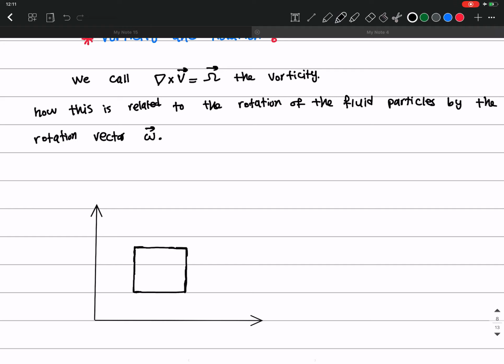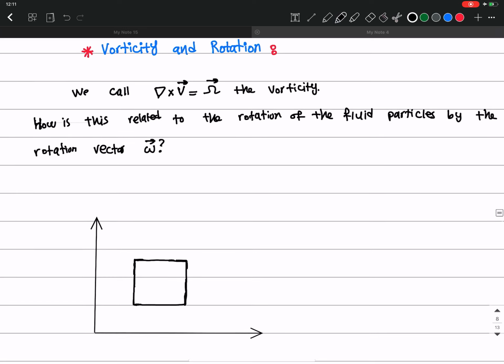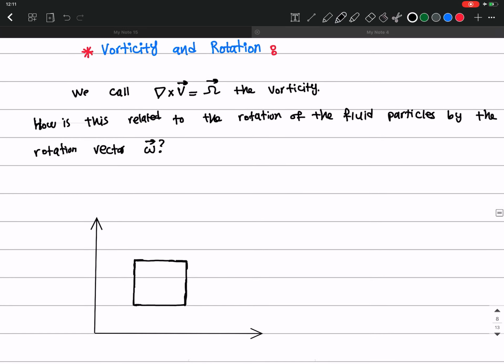In order to answer this question, how is this related to the rotation of the fluid particles by the rotation vector omega, what is the relation between omega and vorticity, or W and this capital omega?